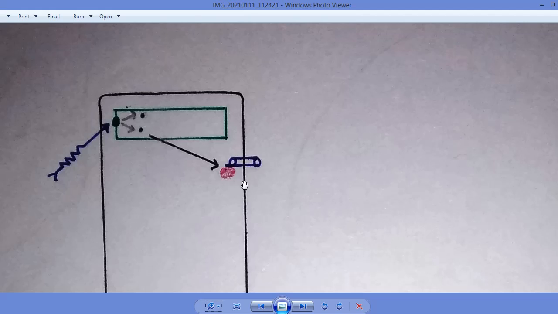But when the rods and cones are at rest, they show -30 to -40 electric potential, unlike muscle cells or neuronal cells.